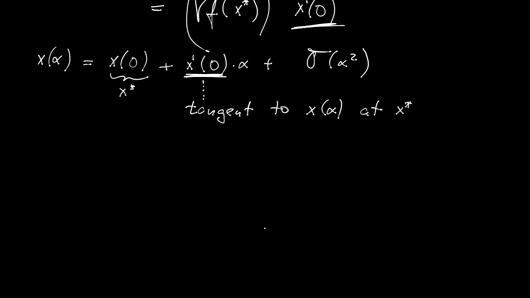But we will see that something similar can be learned if we now investigate the constraints. So the constraints, when analyzed along x of alpha, I will have m of these.